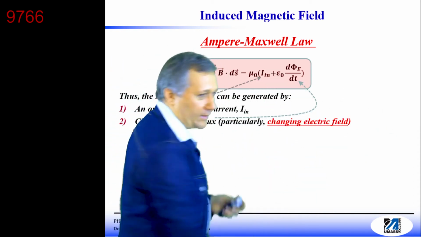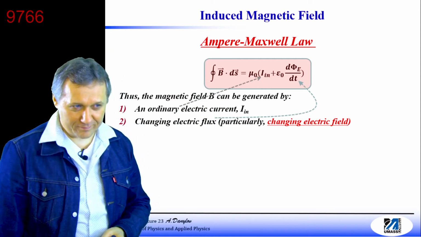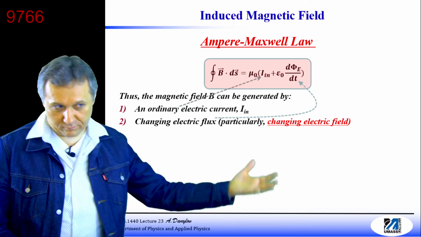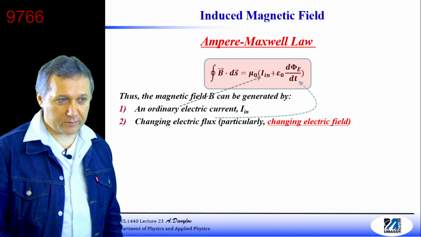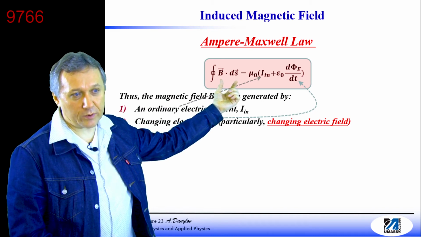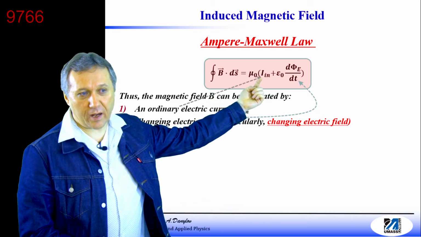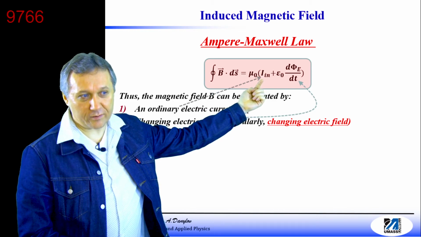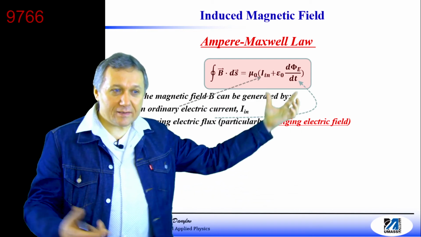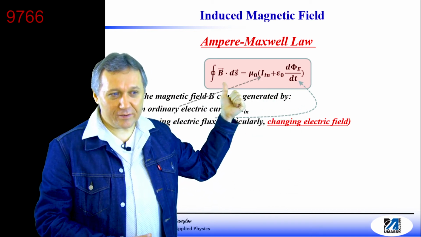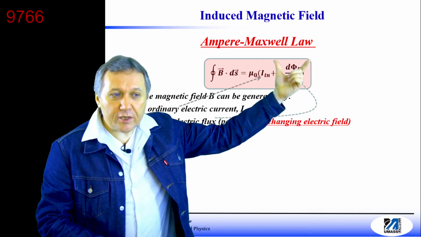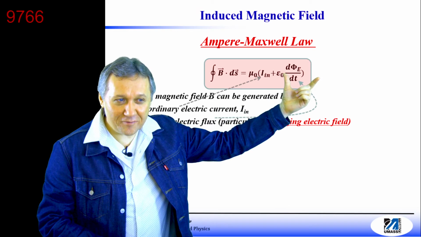On the right-hand side, we have sources, and on the left-hand side, we have fields which are produced by those sources. Now, the magnetic field, on the left-hand side, is produced by what? By actual current I enclosed, which is the flow of charges. And second, this magnetic field is produced by a changing in time electric field.